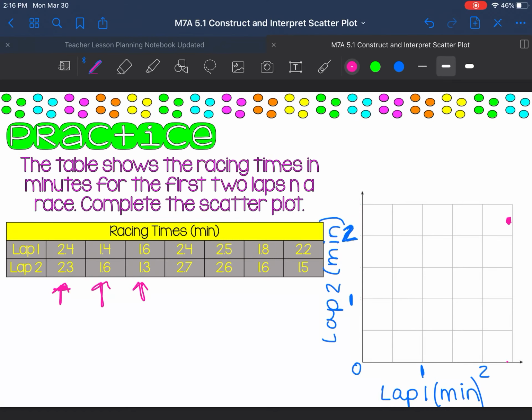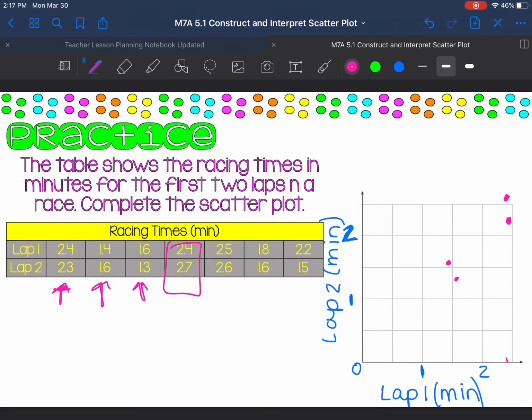All right, now we have 1.4 and a 1.6, so we're going to say that's right about here. Next, we have 1.6, which is over that line, and 1.3, which we're going to say is right about here. Next, we have 2.4 again, but this time we're going to go all the way up to 2.7, which is just above our graph.